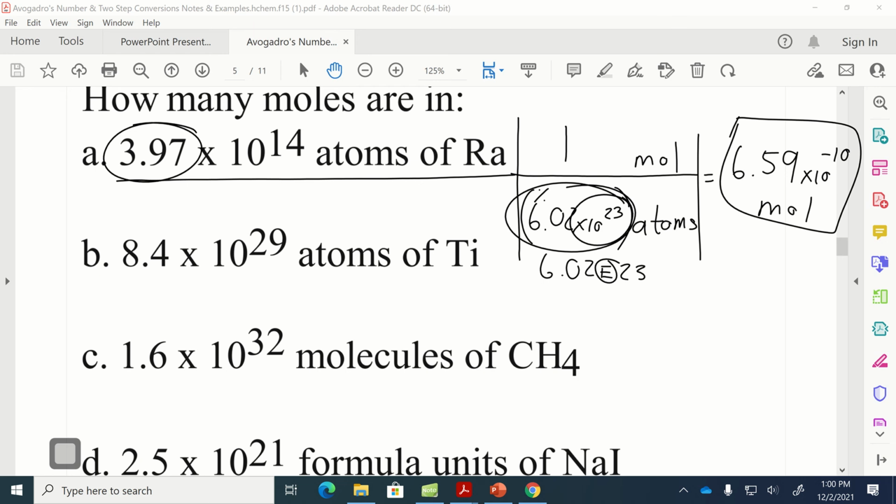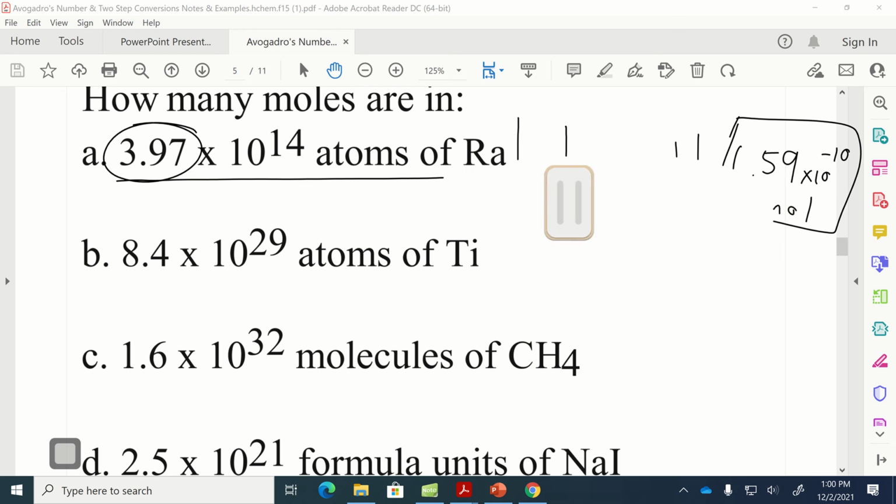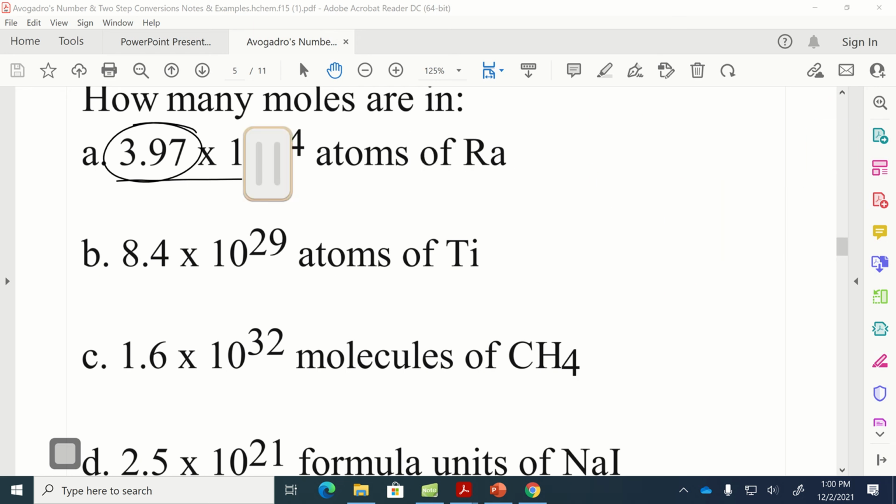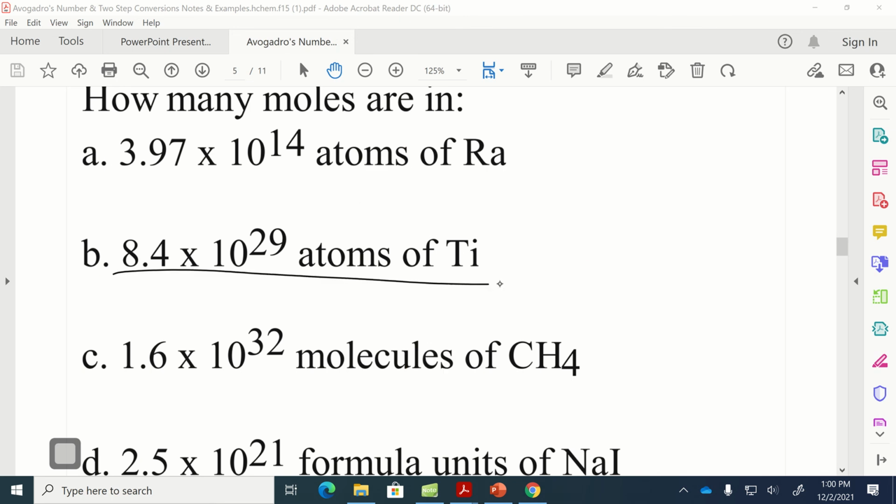Let's do one more just to see it, and then we're good to go, at least for this first part. My second one, 8.4 times 10 to the 29th atoms. This is going to come out to a large number. What are you trying to go to? That goes on top. What am I coming from? Atoms. The units are different, so mole is always 1.